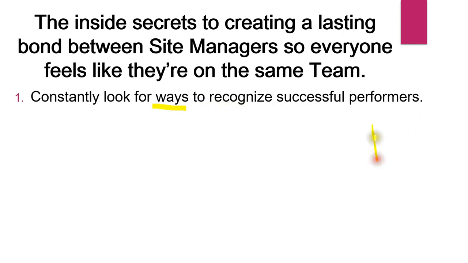For example, you have 10 sites. Check which site is performing very well, and recognize them. Get them into the process, and ask them for suggestions and ideas, and what kind of procedures, processes and methods they are following to deliver that kind of good performance and quality for the product from their site.